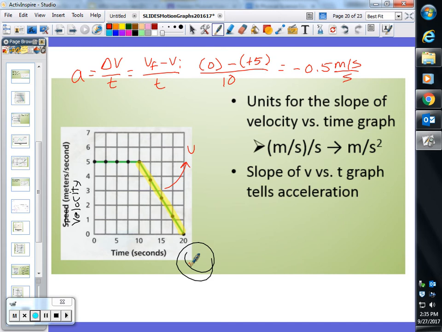They're all positive velocities. They're getting smaller, but they're all still positive, right? But the acceleration we calculated as negative. So when we have a positive velocity but a negative acceleration, physically what happens to our object? It slows down. When they have different signs, it slows down. Okay? Good there?